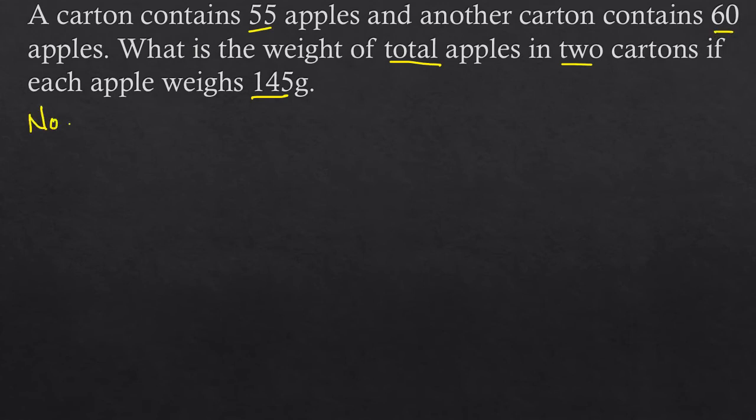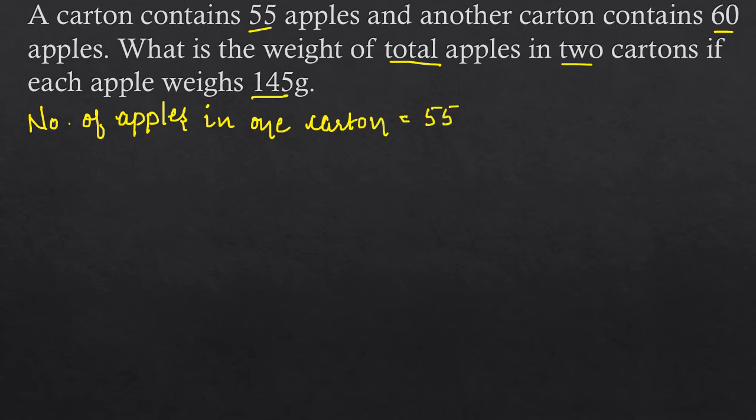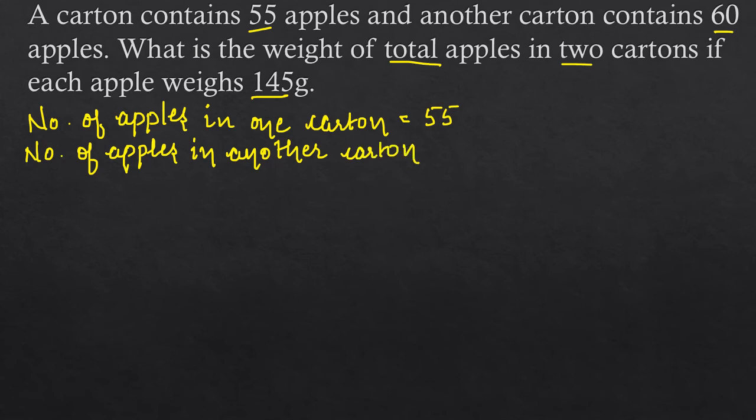So number of apples in one carton is 55. Number of apples in another carton, it is 60.